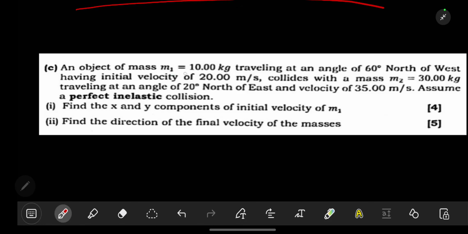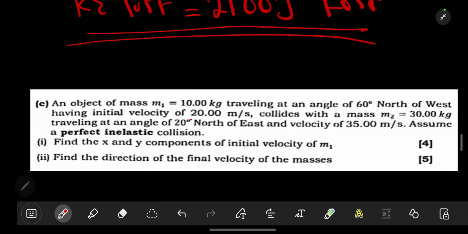An object of mass m1 equal to 10 kg, traveling at an angle of 60 degrees north of west, having the initial velocity of 20 meters per second, collides with a mass m2, which is 30 kg, traveling at an angle of 20 degrees north of east and the velocity of 35 meters per second. Assume a perfectly inelastic collision. Find the x and y components of m1.